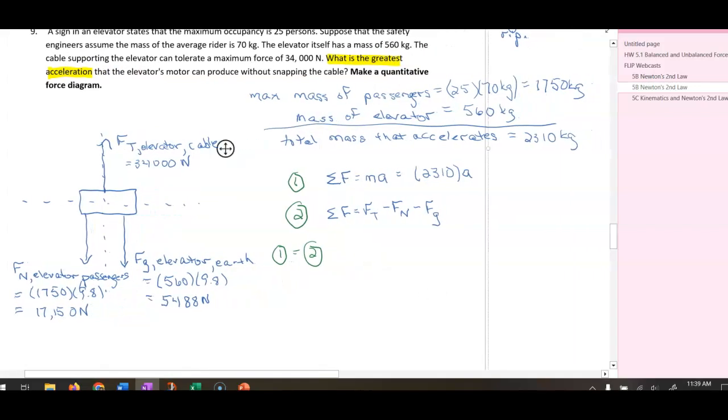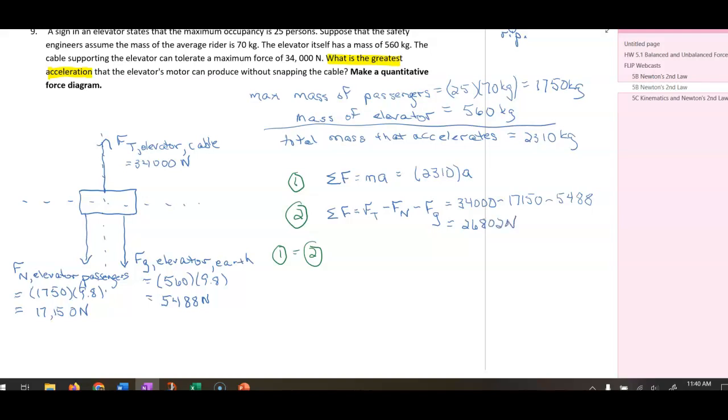I have values for all of those forces, and so I might as well go ahead and plug those in. I've got 34,000 minus 17,150 minus 5488. And so the net force, I know, is 34,000 minus 17,150 minus 5488 is 26,802 newtons.